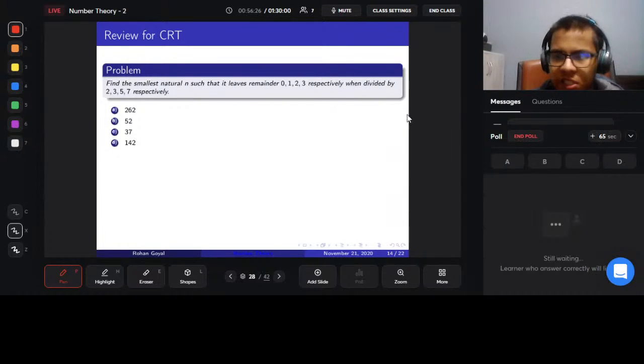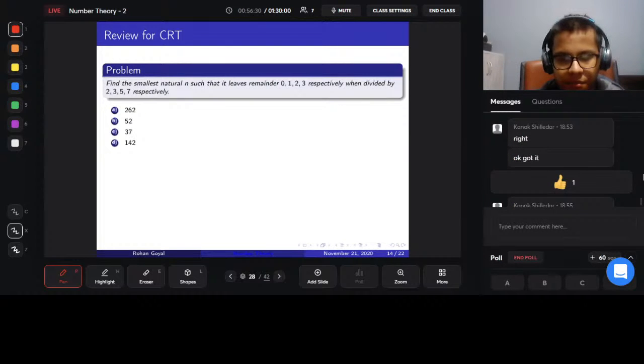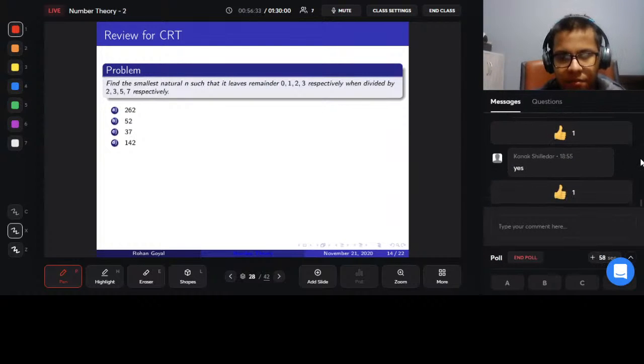Please don't just check option by option. That's not very helpful or instructive, as the exam won't be objective anyway. You have to actually find the value.